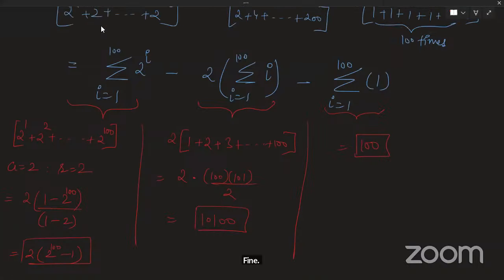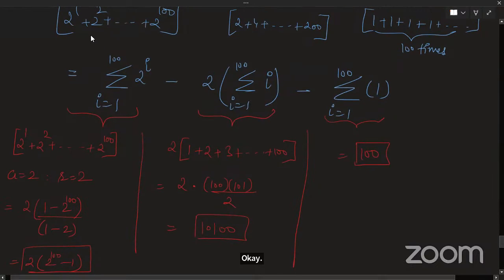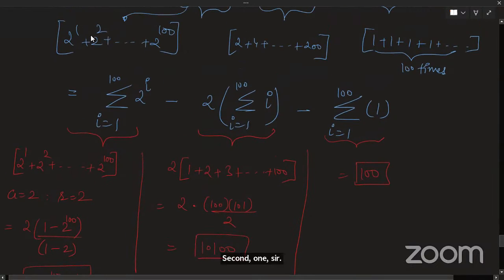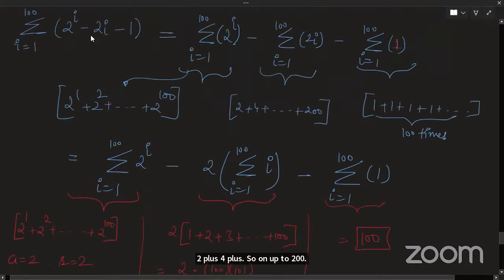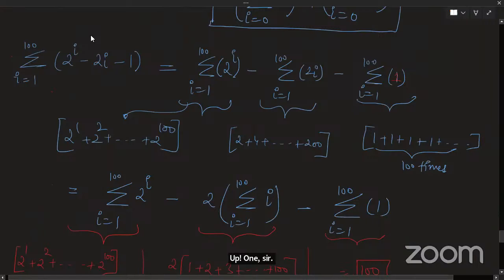Sir, why are we only adding 2 in the second one? In the second one, meaning this middle term? Yes, sir, 2 plus 4 plus so on up to 200. So this and this are the same thing.